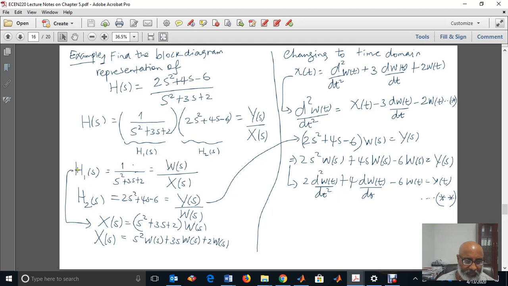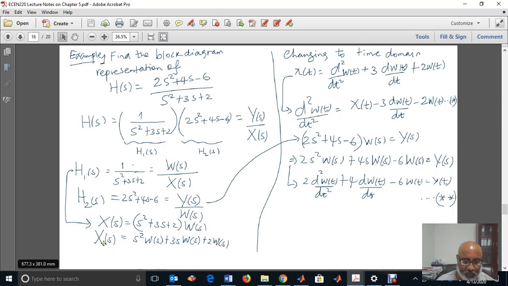Now, from the first system h1s, the x of s is equal to, if I do crisscrossing of this, x of s times 1 is equal to w of s times s squared plus 3s plus 2, and then we have x of s equals s squared w of s plus 3s w of s plus 2 w of s.